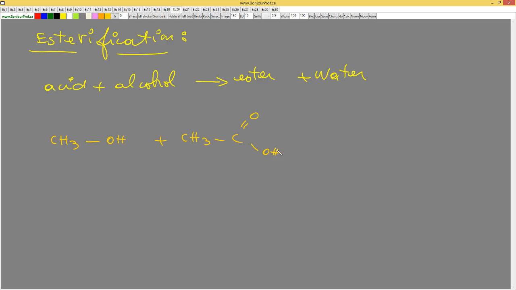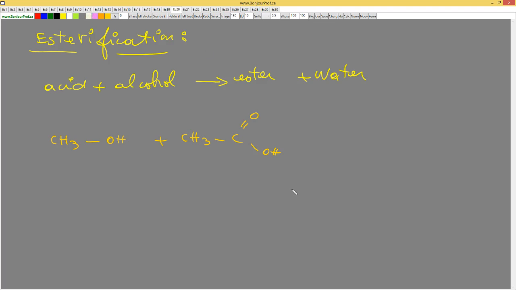Look, this one here is not an alcohol, because it has this carbonyl, the O. This one doesn't have an O, that's why it is an alcohol. This one is an acid, because of this O and this OH. And this one is an alcohol.